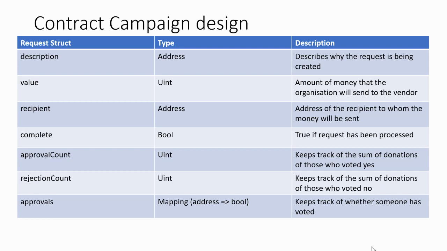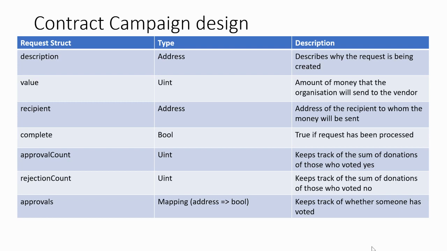And at the end of the day, they are to be voted for or against by contributors of the particular organization. How this works is that if the balance of those who voted yes is more than the balance of those who voted no, the contract, once voting period has expired, can be executed by the organization themselves.